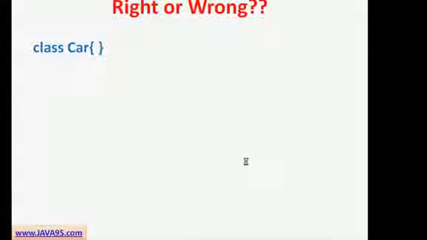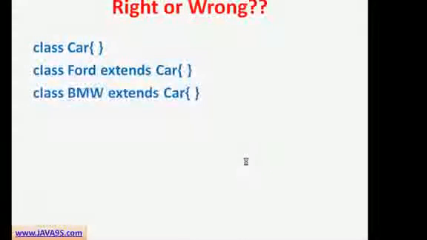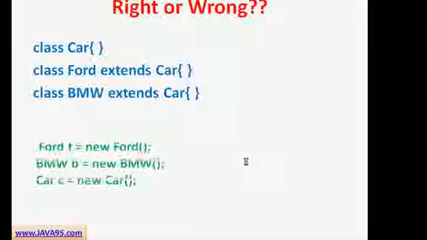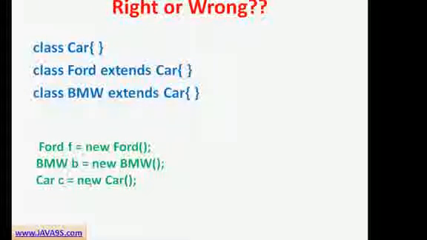I have declared class Car, and I'm going to declare Ford extends Car, and I have BMW extends Car here, and I'm going to create three objects here: Ford, BMW and Car. Now I'm going to check what object is of what type.